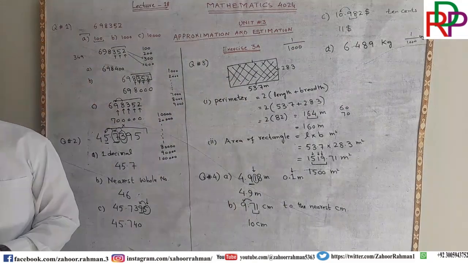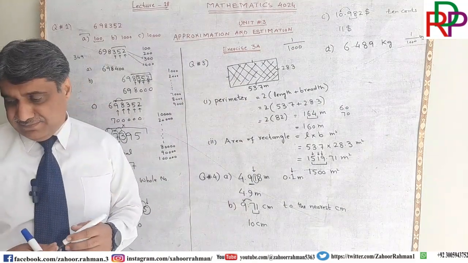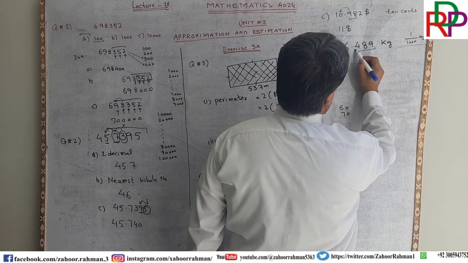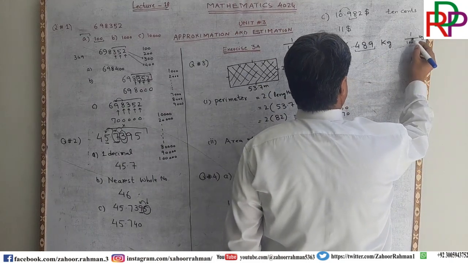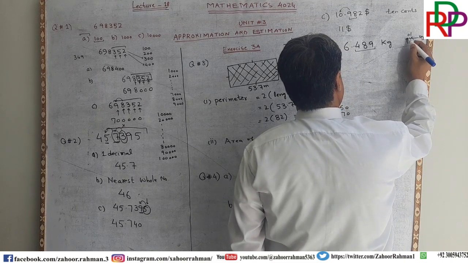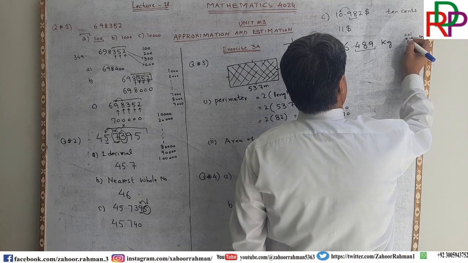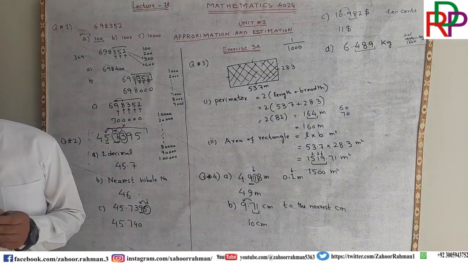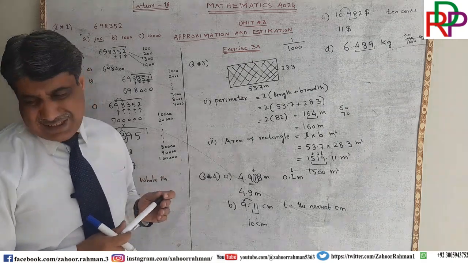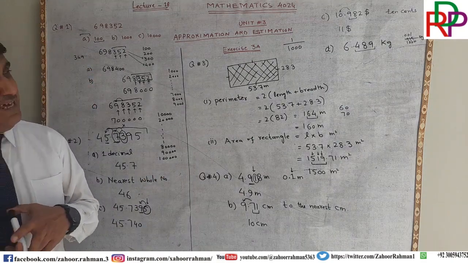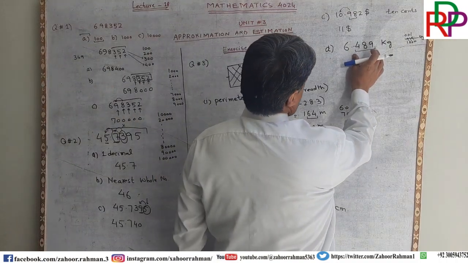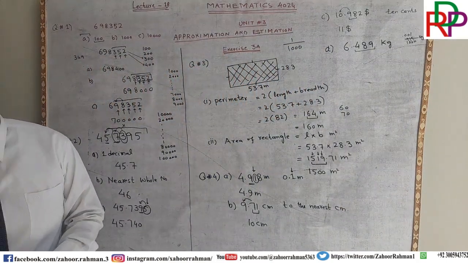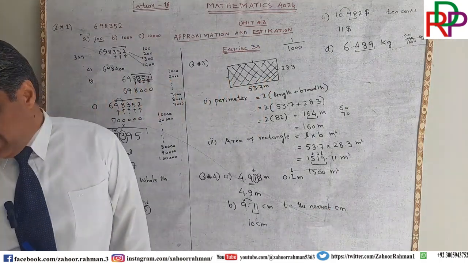So it means that after the decimal we have only 3 digits to round off. So 6.489 is nearly equal to 6.49.